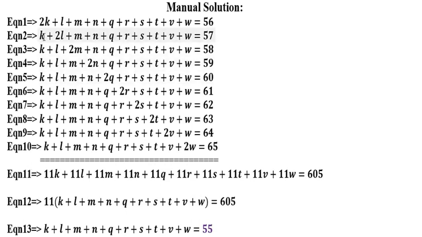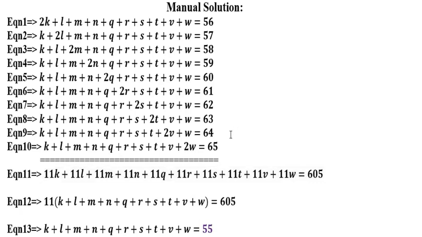So you have K: 9Ks plus 2K is 11K. 9Ls plus 2L is 11L. 9M plus 2M is 11M. 9N plus 2N is 11N. 9Q plus 2Q is 11Q. 9R plus 2R is 11R. 9S plus 2S is 11S. 9T plus 2T is 11T. 9V plus 2V is 11V. 9W plus 2W is 11W.